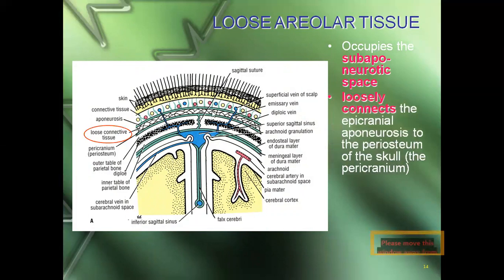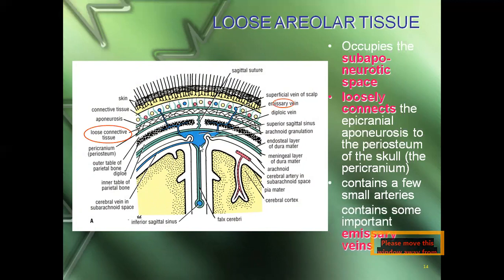It loosely connects the epicranial aponeurosis to the fifth layer, that is periosteum. That means the fourth layer is connecting the third layer and fifth layer. Simple. It contains a few small arteries also, and it contains some important emissary veins.